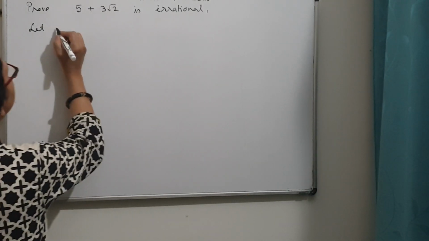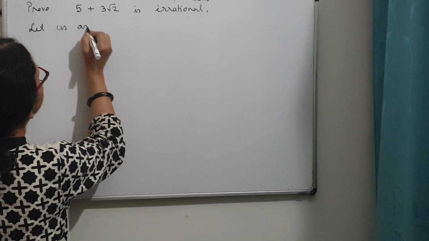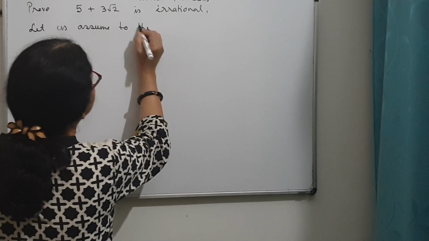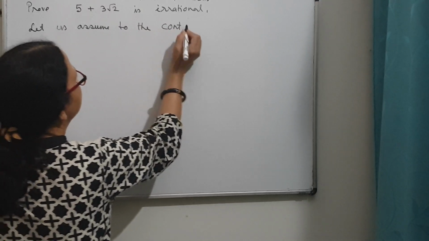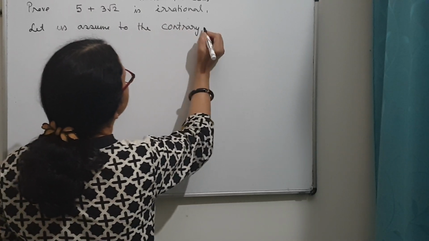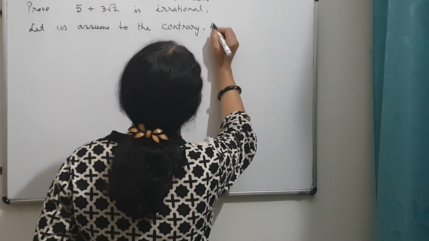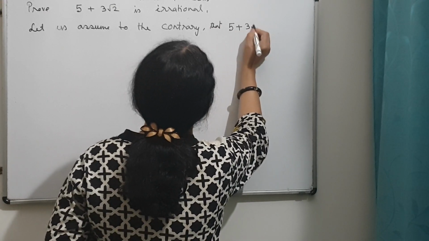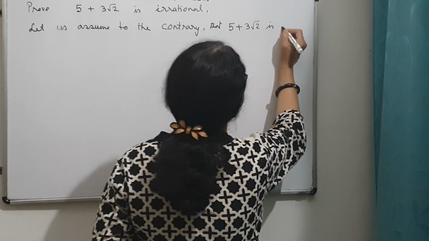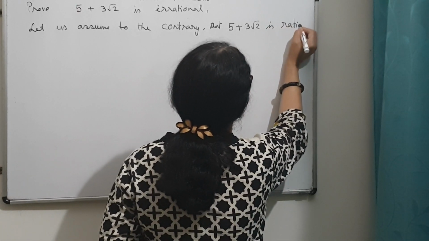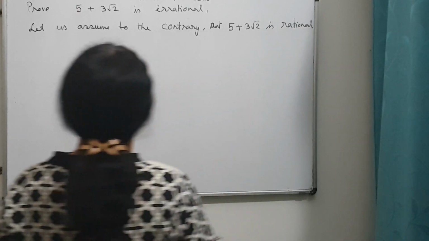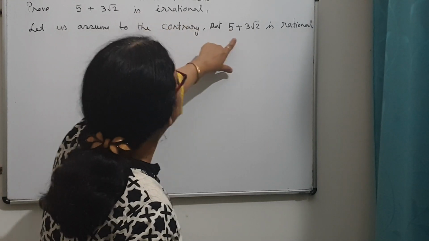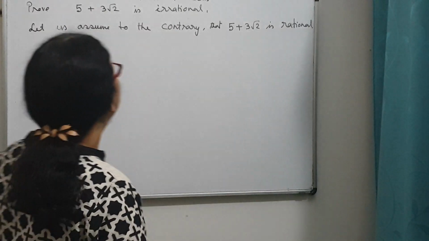Let us assume, to the contrary, that 5 plus 3 root 2 is rational. So this is the first step: we assume the opposite of what we are asked to prove. So this is rational, we have assumed.